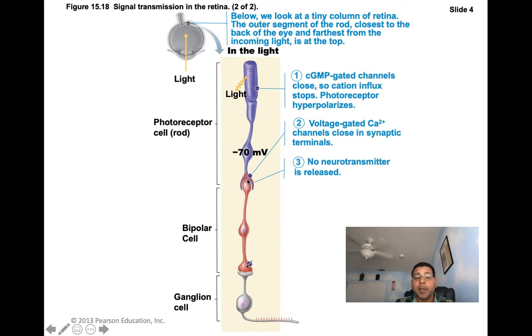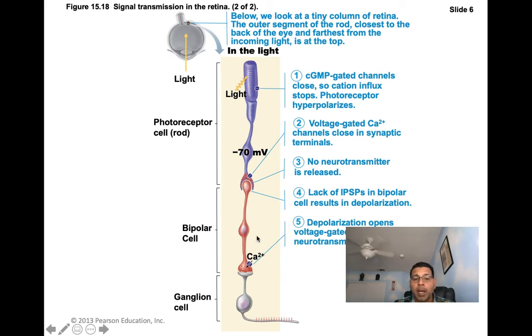If no neurotransmitter is released, we have a lack of inhibitory postsynaptic potentials in the bipolar cells. If we're not inhibiting those bipolar cells anymore, they depolarize.